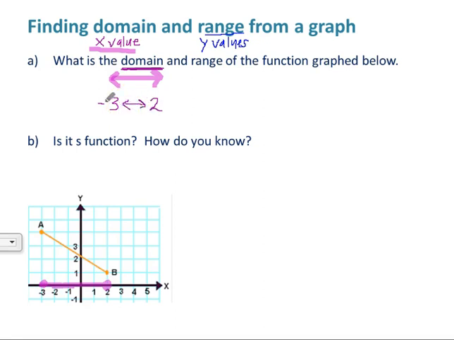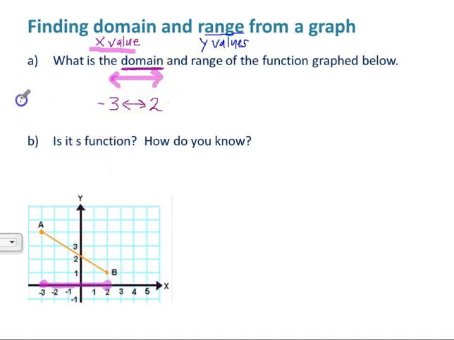So our values can go from -3 to 2, but in math we want to use correct notation. We want to use an inequality. And it looks like we've got a closed circle here, so we know that our domain can include -3 and all the way up to 2, and it can include 2. So let's write an inequality to show that.